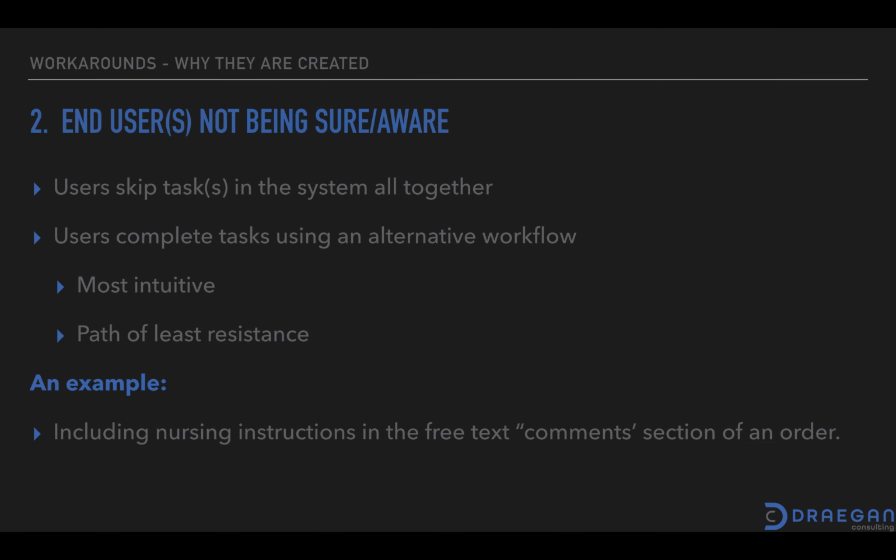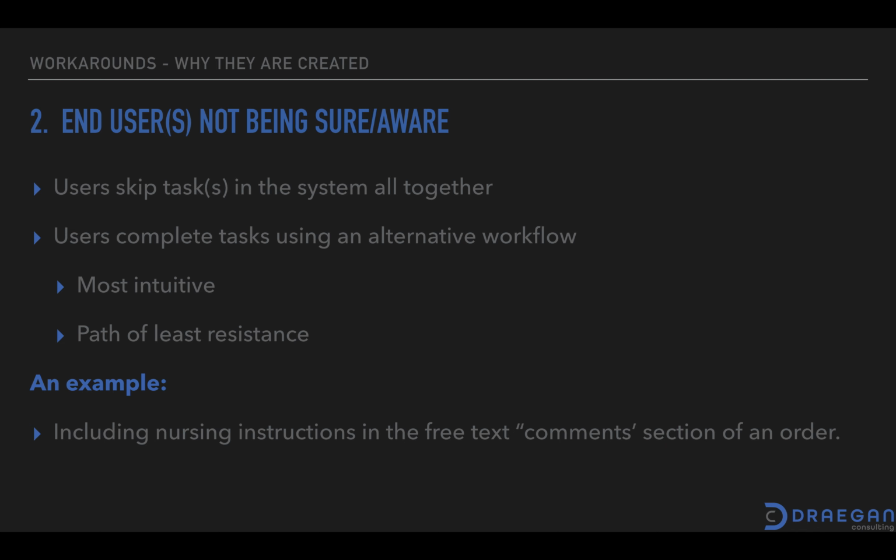The second reason is end users not being sure or aware of how a process is supposed to occur. In this case, they may skip some tasks in the system and look for the path of least resistance. They often will follow a path that seems intuitive to them.